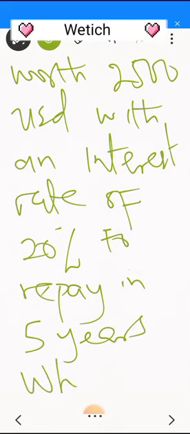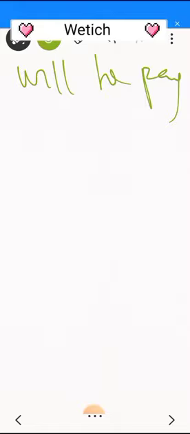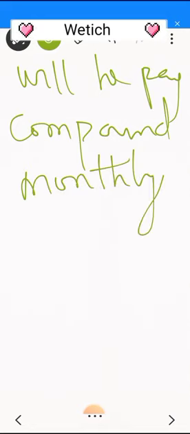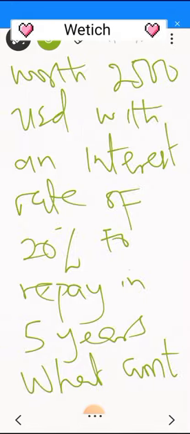What amount will he pay, given that it is compounded monthly? So the loan is compounded monthly. Let's go back to the question, guys.